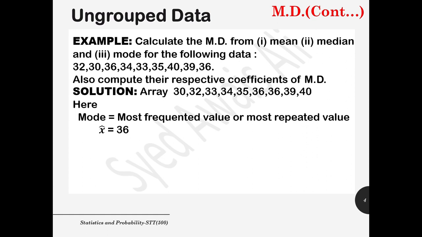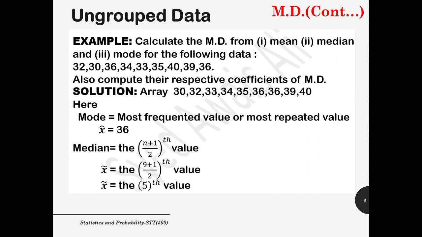Then we have to find the median. For odd numbers, because the value of n is 3 plus 3 plus 3, that is 9. For ungrouped data, if we have an odd number of observations in our data set, then the formula of median is the (n plus 1) divided by 2 th value. As n is equal to 9, putting in the value of n gives the 5th value, that is equal to 35.